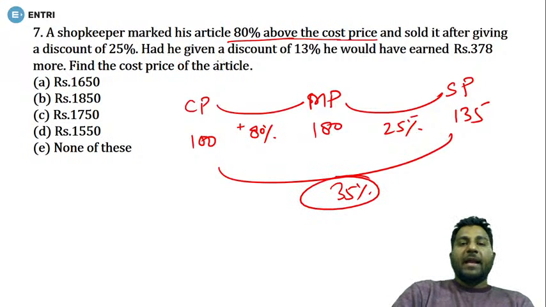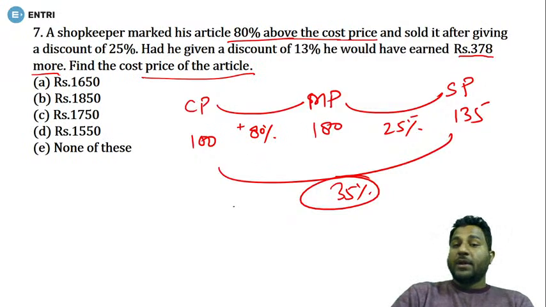Okay. Had he given a discount of 13%, he would have earned 378 more. Find the cost price of the article. So how are you going to solve this? Had he given 13% discount, okay.